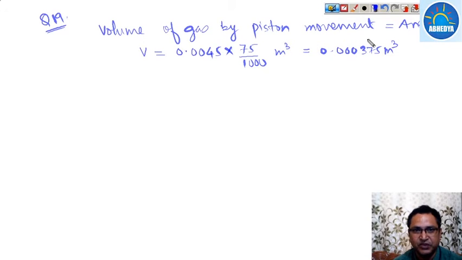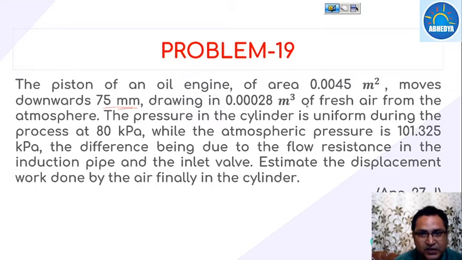Now what does the question say? Drawing of fresh air from the atmosphere. The pressure in the cylinder is uniform during the process at 80 kilopascal, while the atmospheric pressure is 101.325 kilopascal. So we have kept the pressure at 80 kilopascal.